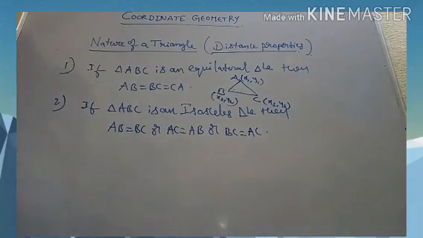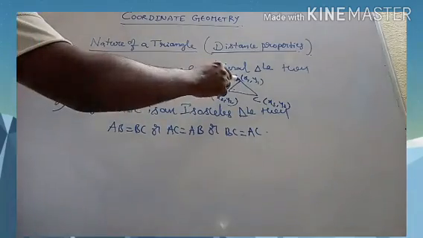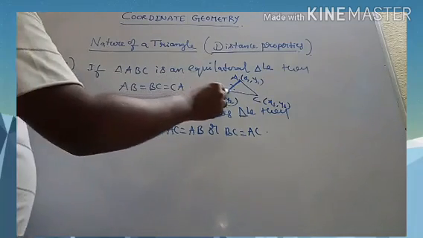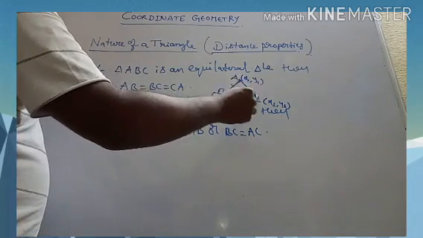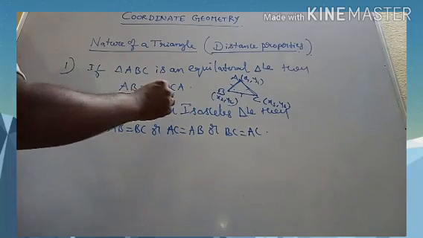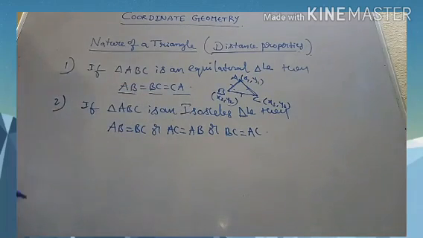If they give three vertices, you need to find the distance between A and B, AB, the distance between B and C, BC, and the distance between A and C, AC. Now, if you prove that AB equals BC equals CA, then it is going to be an equilateral triangle.